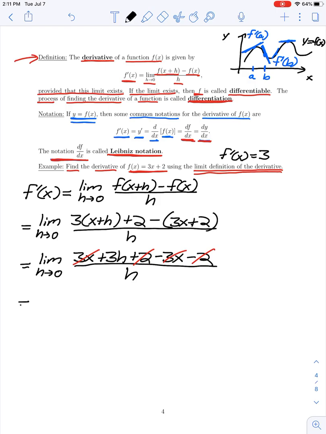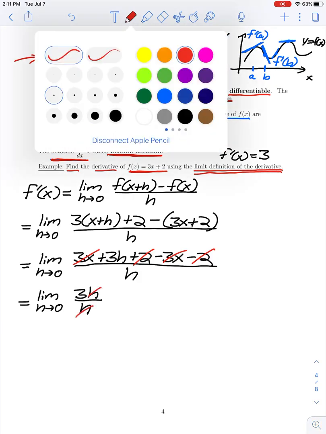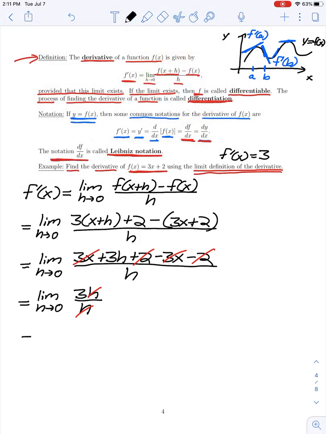And I'm left with the limit as h approaches 0 of 3h divided by h. So I can cancel a factor of h in the numerator and denominator. And I'm left with the limit of a constant 3, which is 3. So here, the derivative of the line 3x plus 2 is 3.